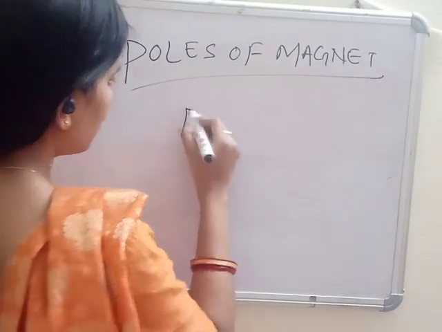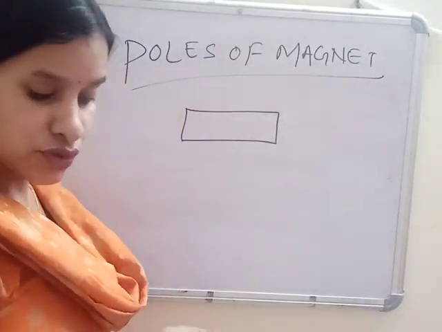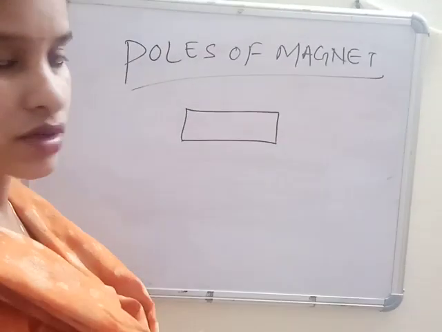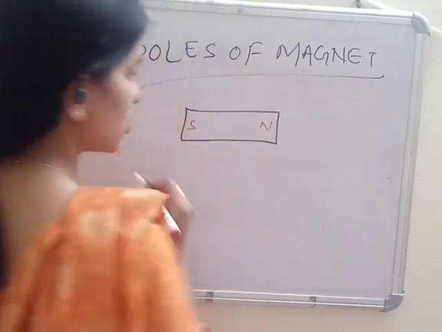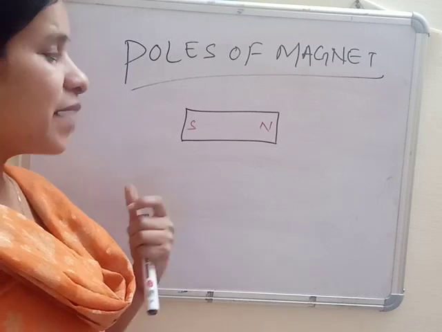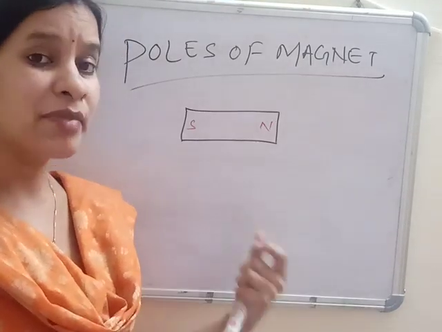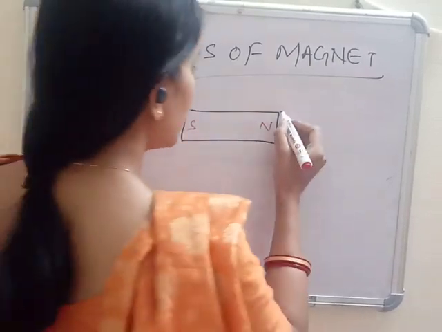If it is a bar magnet, or any magnet, it must have two poles, north and south. And the maximum strength, the maximum power of the magnet, lies in the poles.